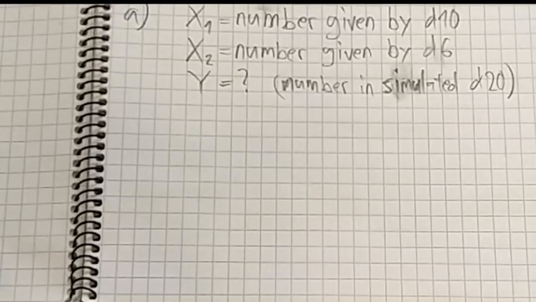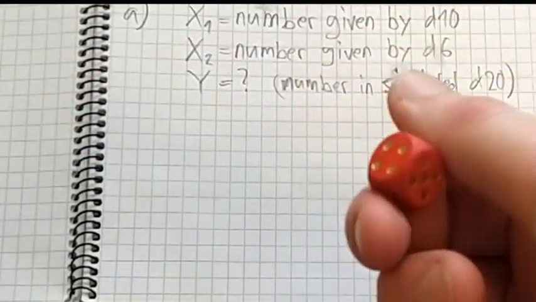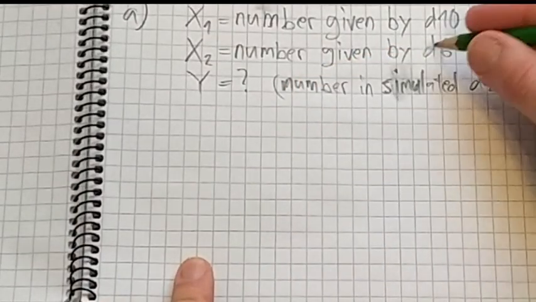So in problem A, we have a D10 10-sided dice and a D6 regular 6-sided dice, and we want to simulate a D20. So first we see that the problem would be easier if we had a D2 and D10 instead of a D6 and D10.